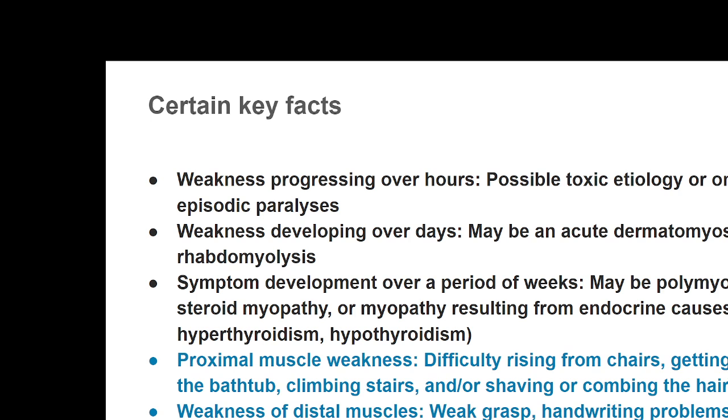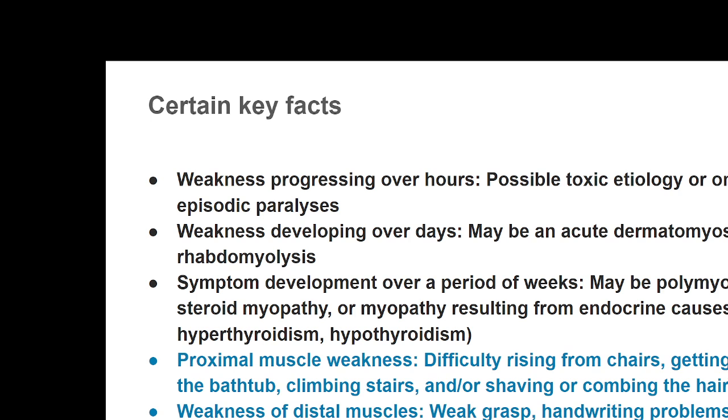I try to make that summarization as follows. A weakness which is progressing over hours, like prolonged weakness, possibly could be toxic etiology or episodic paralysis like hypokalemia. Then weakness developing over days, or patients who have the weakness for months or days together, could be acute dermatomyositis, rhabdomyolysis, or real muscle pathology.